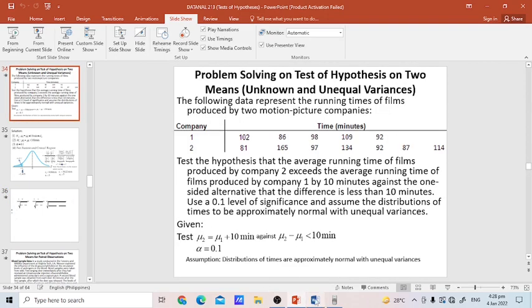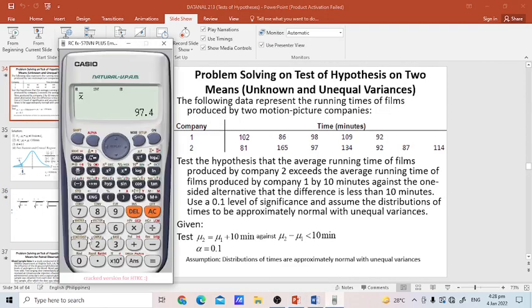On the other hand, let's change this to 81, 165, 97, 134, 92, 87, and 114.